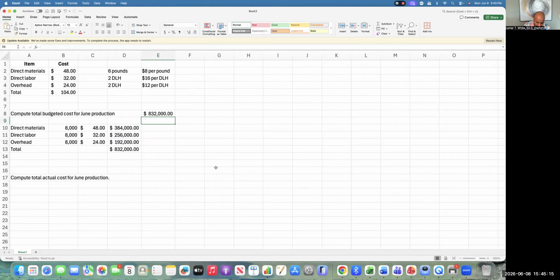Part three says to compute total actual cost for June production. So it wants the actual cost this time, and I'm going to calculate that down here. I'll set up direct materials, direct labor, overhead, and my total.